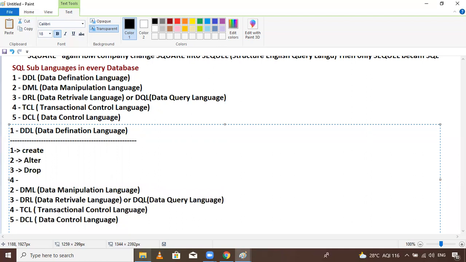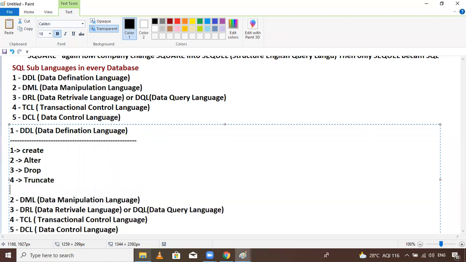And the fourth query is truncate. Now the fifth query is important, and it was introduced in Oracle: rename. When I discussed new features and releases of Oracle, I discussed these topics. It was introduced in Oracle 9.